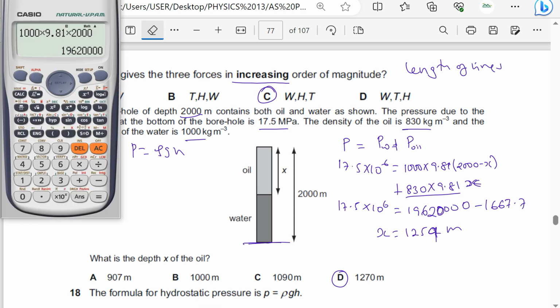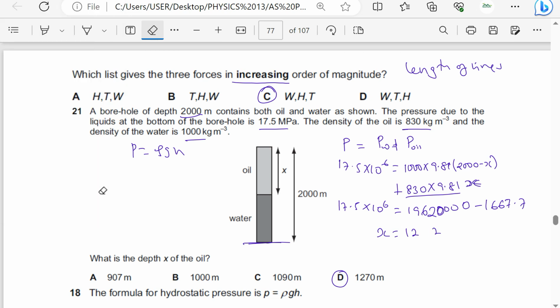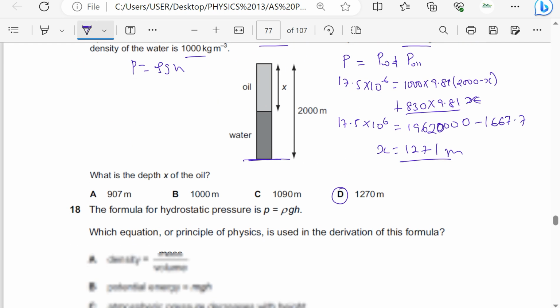I think that's where the mistake was. So I say 17.5 exponent 6 minus the answer, divide by 1667.7. Yeah, so that is 1271. So it's 1271 meters. So the answer is D.